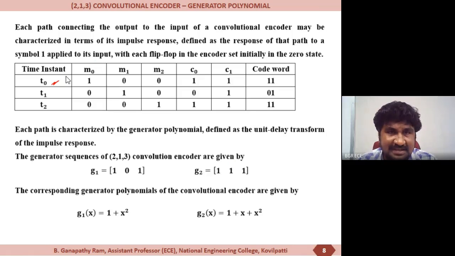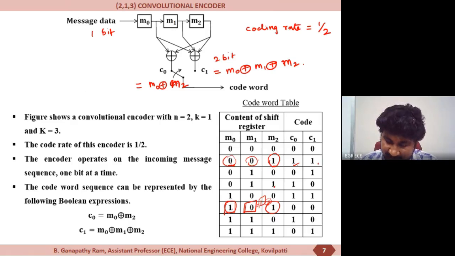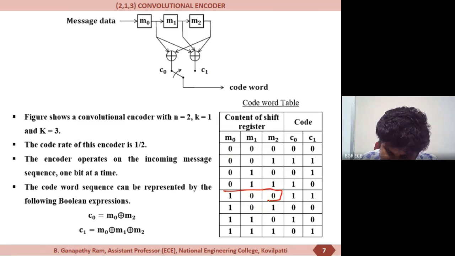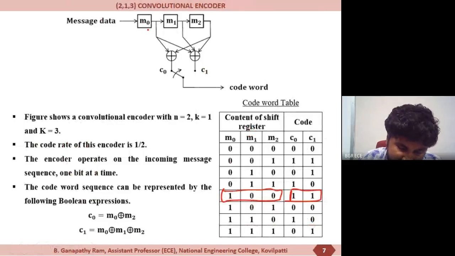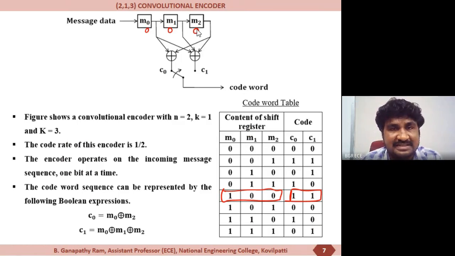For the very first time, the content of the shift register will be 0 0 0, and now we are going to apply an impulse.